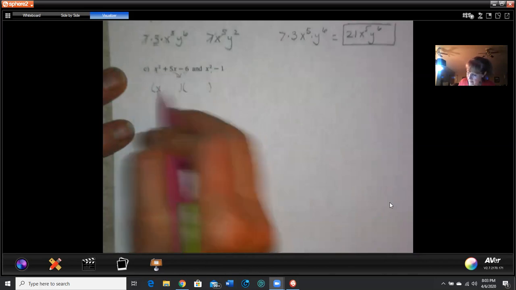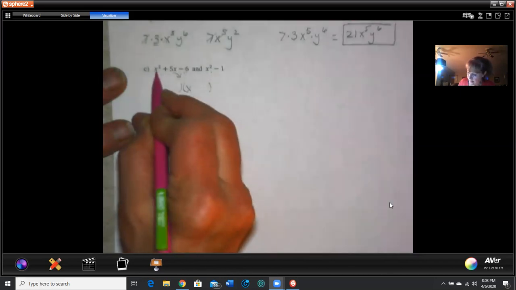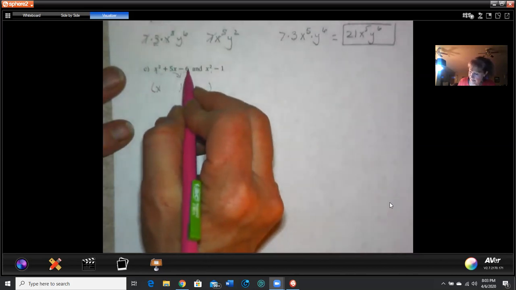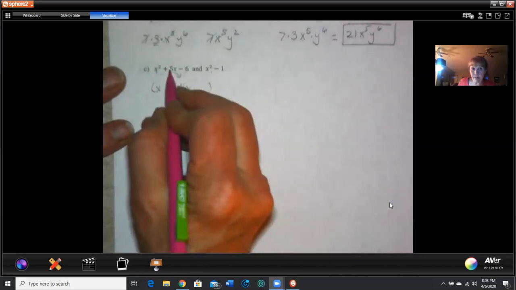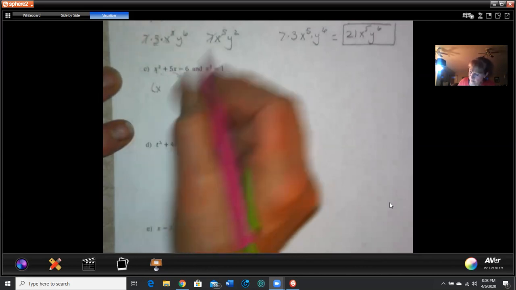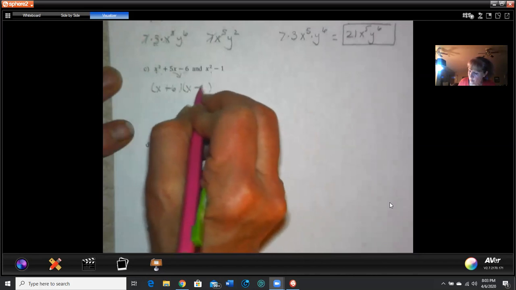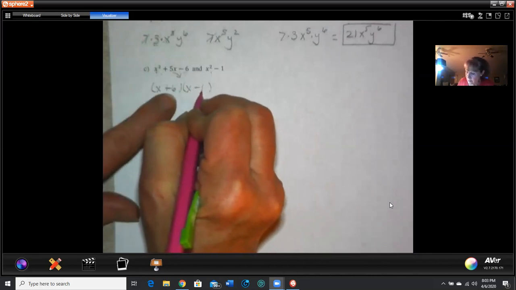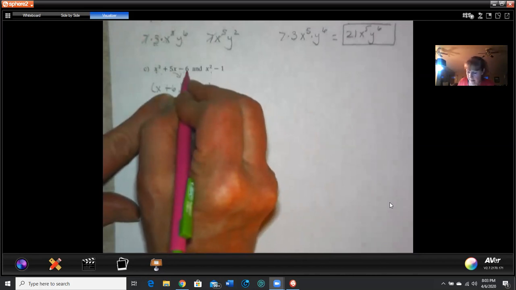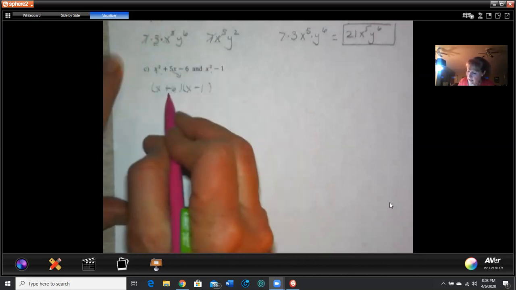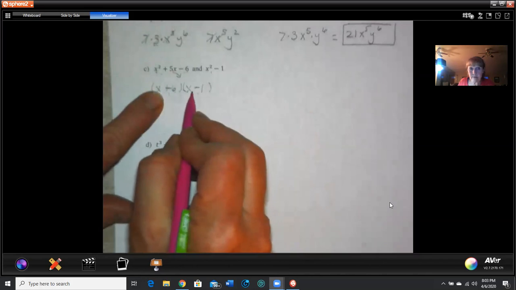X times x gives you x squared. We want a minus 6, but when we add them, we want a positive 5. Well, that's going to be a positive 6 and a minus 1. Multiplied, you get a minus 6. Added, you get a positive 5. Neither one of these can be broken down.